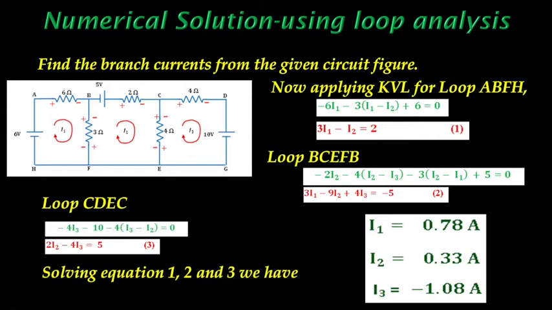Then this equation is 2I2 minus 4I3 equal to 5. Solving equations 1, 2 and 3, we have I1 equal to 0.78 ampere, I2 equal to 0.33 ampere and I3 equal to minus 0.8 ampere.